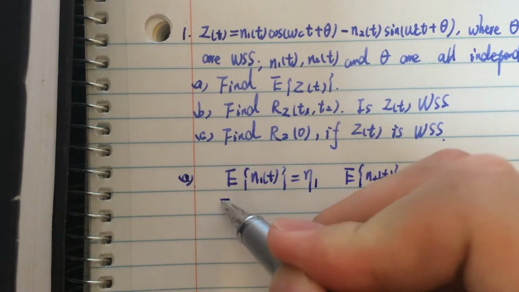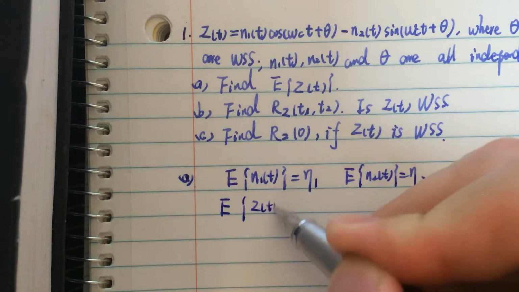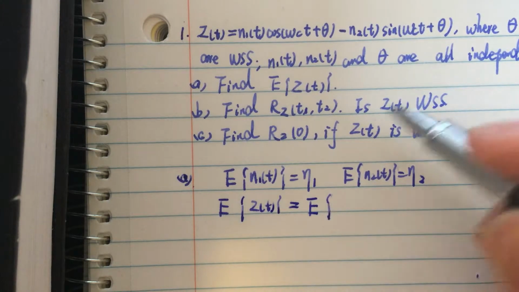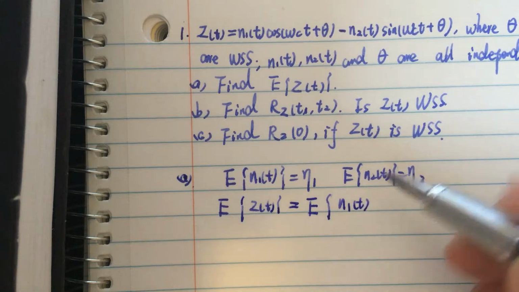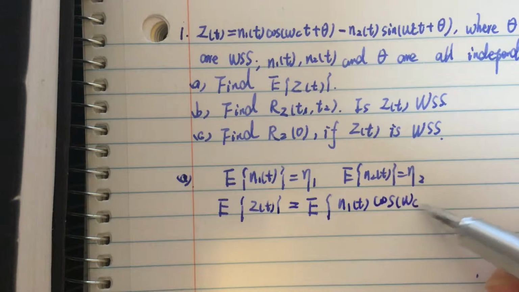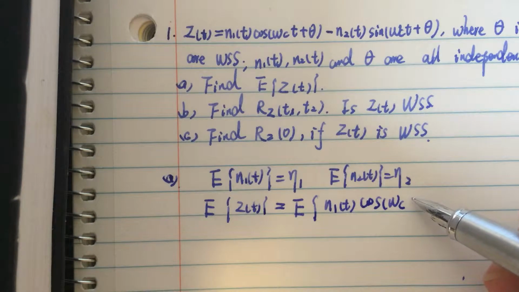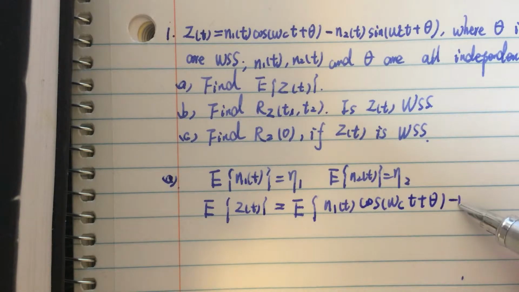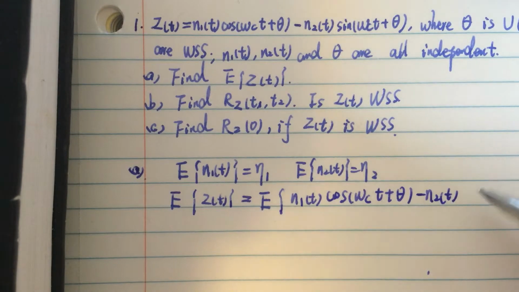And for the mean of Z(t), it will be E of n1 of t times cosine omega c t plus theta minus n2 of t times sine omega c t plus theta.